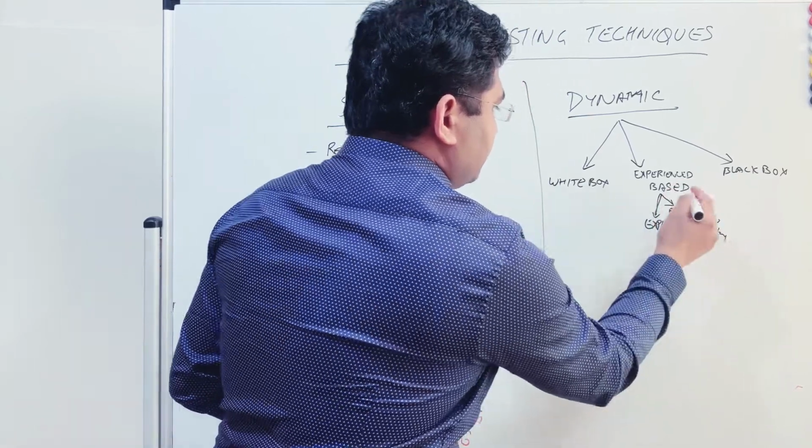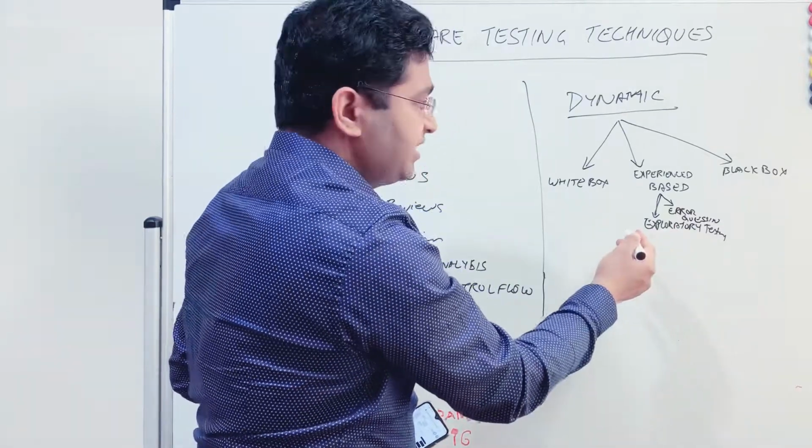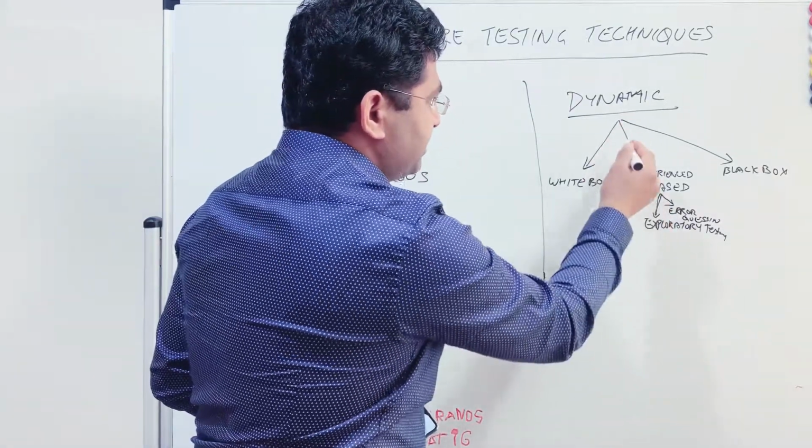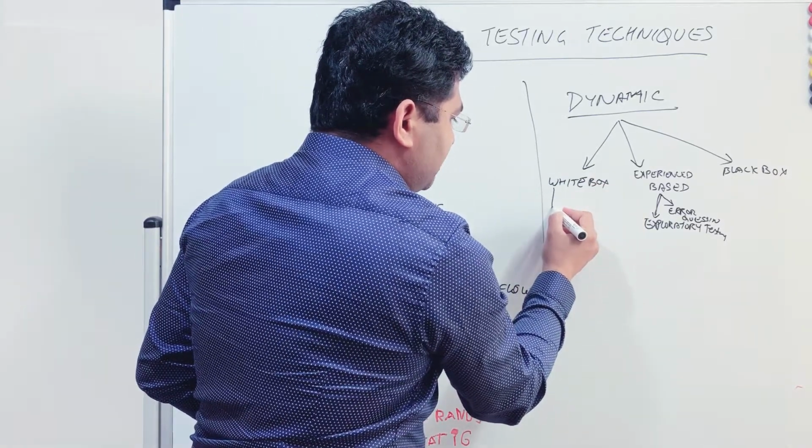Okay, so in the experience based, you apply exploratory testing or error guessing techniques in the dynamic testing approach. Now in the white box, you have several white box testing techniques.